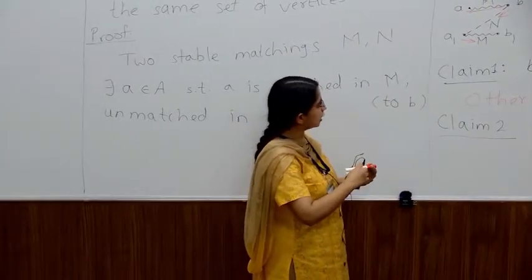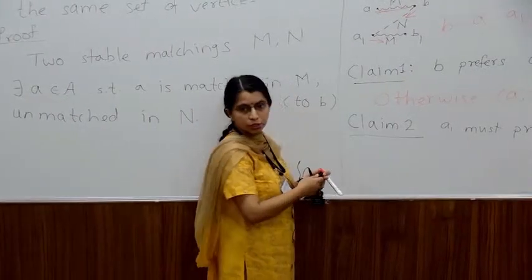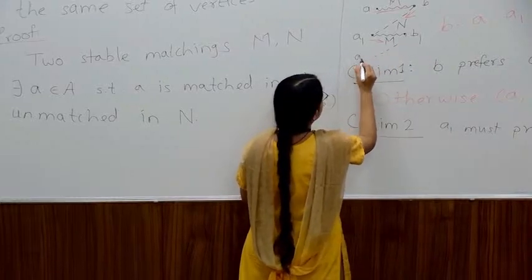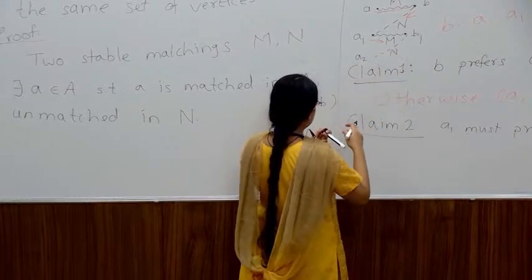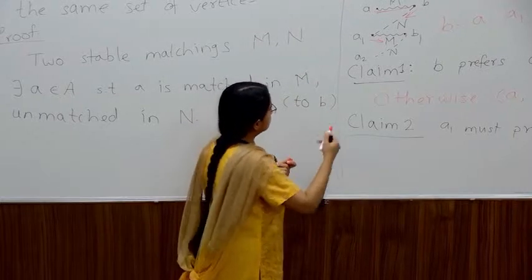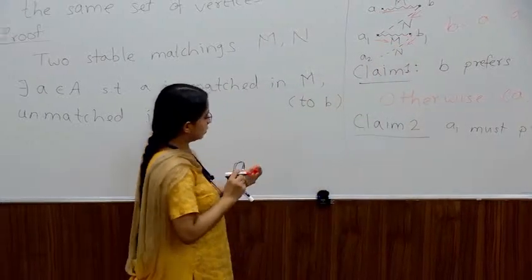So B1 must be matched. By similar reasoning, B1 should also prefer the partner in N over the partner in M. So B1's preference should go to the N partner and not to the M partner.